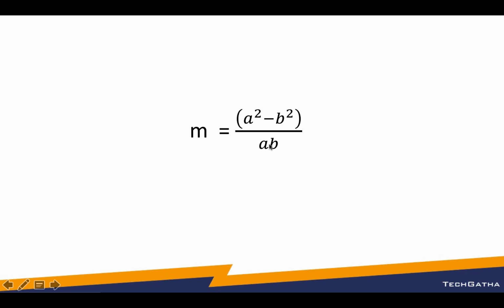So how do you represent this in a Java expression? To do that, we'll have three variables a, b and m, and we will convert this mathematical expression into a Java expression for the compiler to understand and execute.